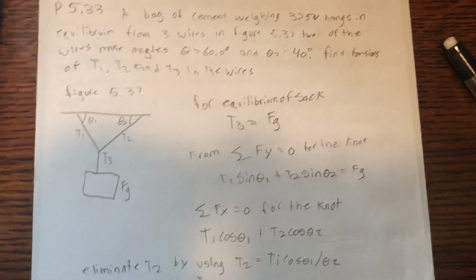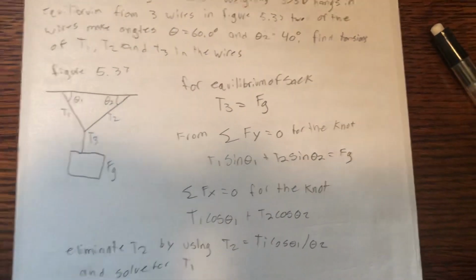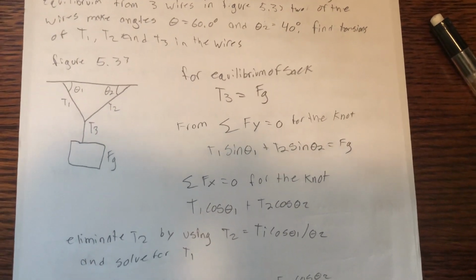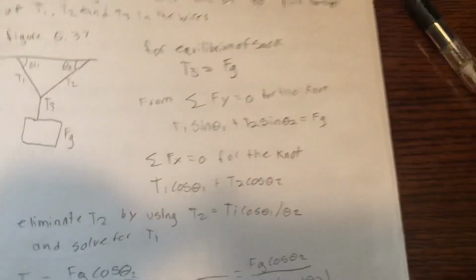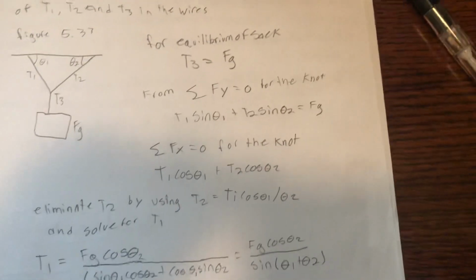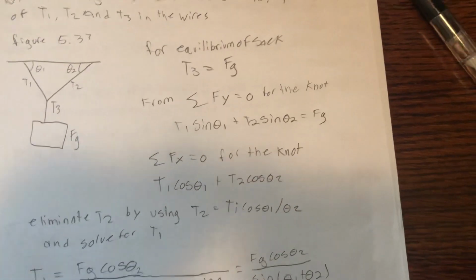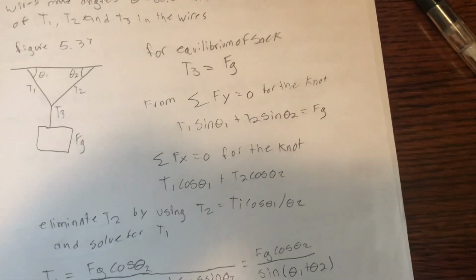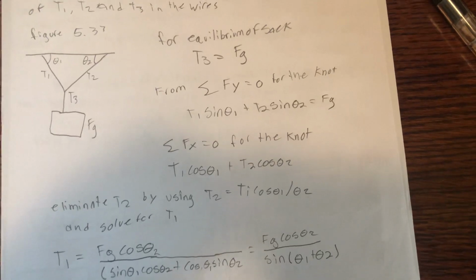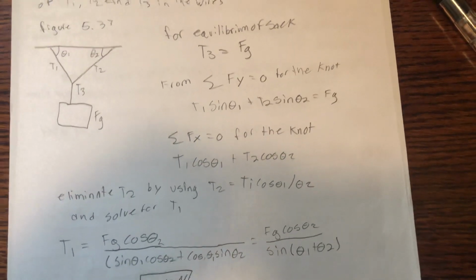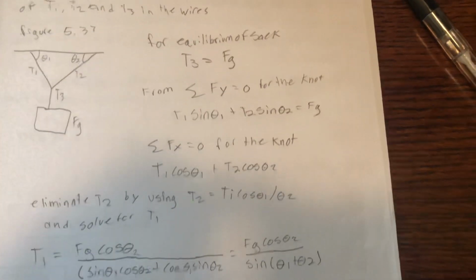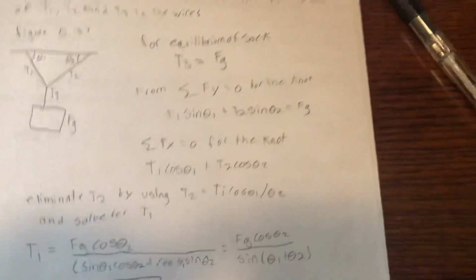For the equilibrium of the sack, T3 must equal Fg, which is then equal to 325 newtons. And then I found the sum of all forces in the y direction for the knot, which gives the equation T1 sine theta 1 plus T2 sine theta 2 is equal to Fg, and then the same thing for the x, but with cosine.